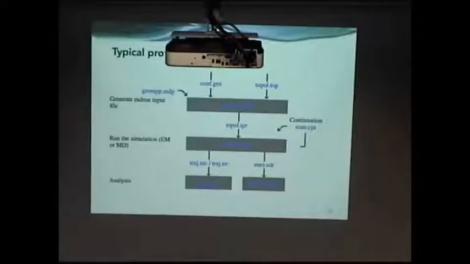From then on, you need only this file. The others are not important anymore. And the simulation is straightforward from that. You can use just gmx mdrun on this TPR file, and you get your trajectory and your energy file, okay?